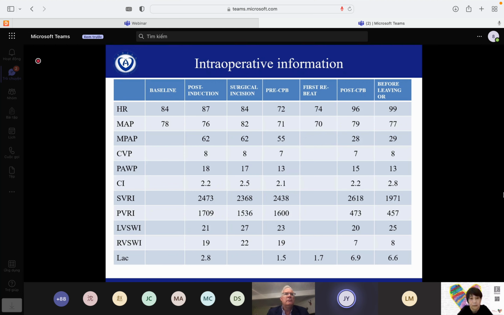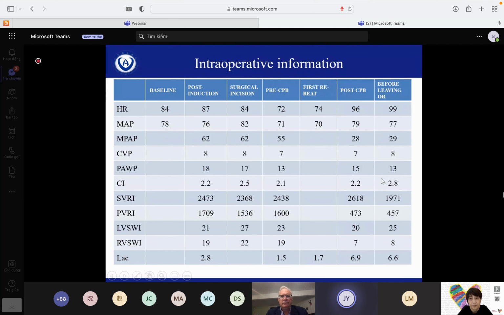We can see that the patient had a pretty high mean pulmonary artery pressure because she had severe pulmonary hypertension and aortic stenosis. You can see the PCWP was pretty high, and it was consistently high during the operation.